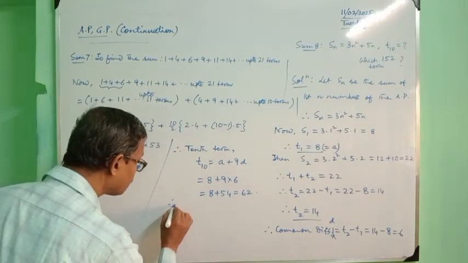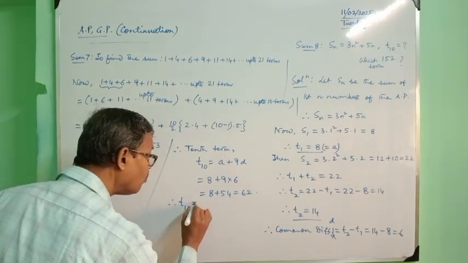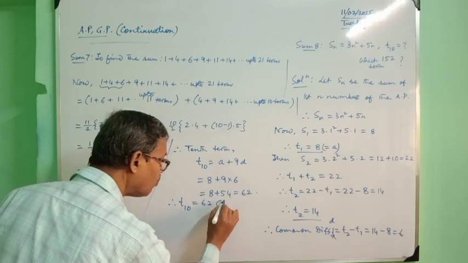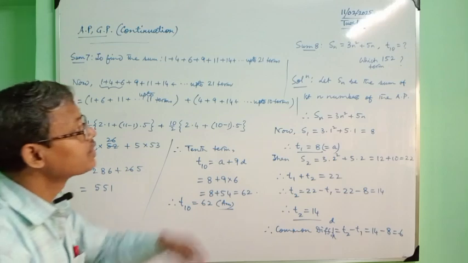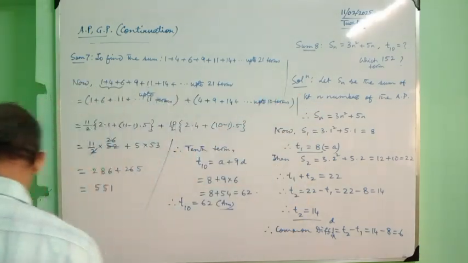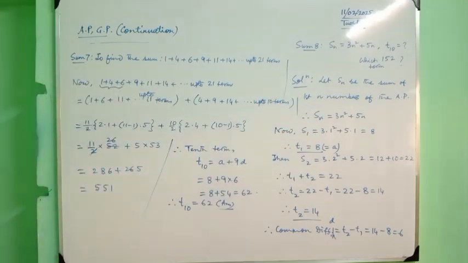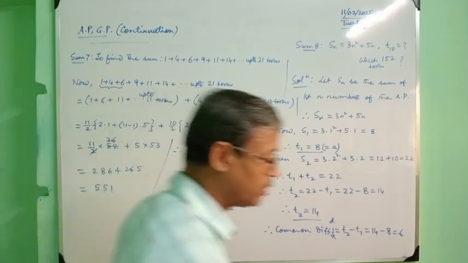Therefore, 10th term is 62. Next, 152 will be which term, that is to be determined.